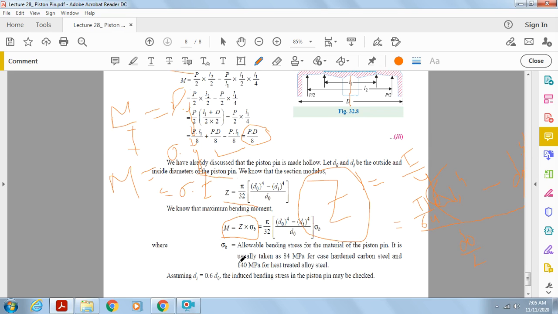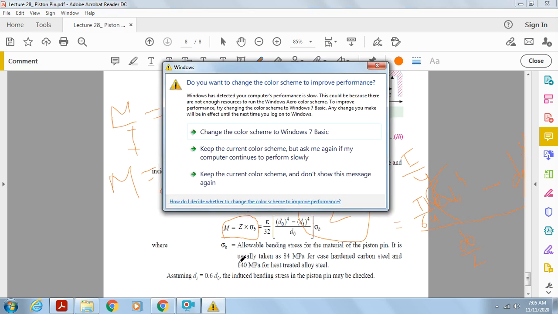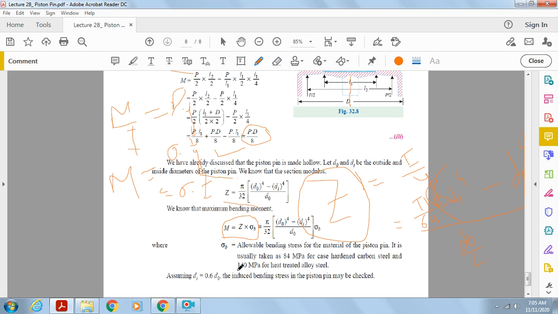So it is coming like pi by 32 times d0 to the power 4 minus di to the power 4, divided by d0, multiplied by sigma b. Here sigma b is the allowable bending stress for the material of the piston pin, and it is usually taken as 84 MPa for case hardened carbon steel and 140 MPa for heat treated alloy steel, because piston pins are mostly made of case hardened carbon steel or heat treated alloy steel.